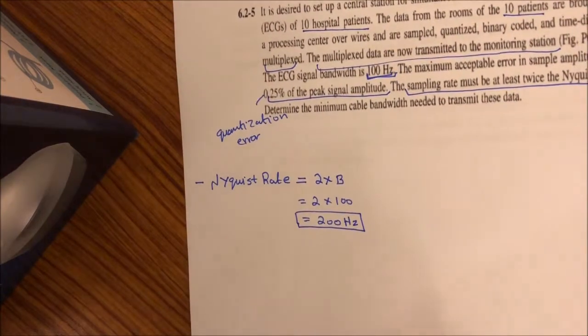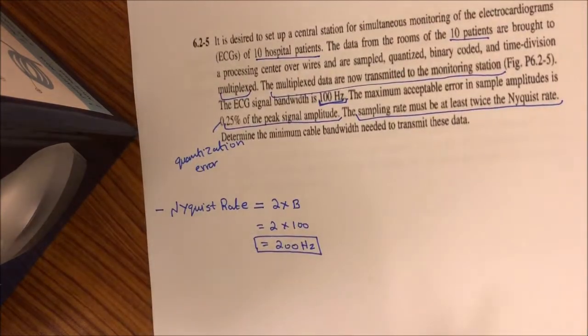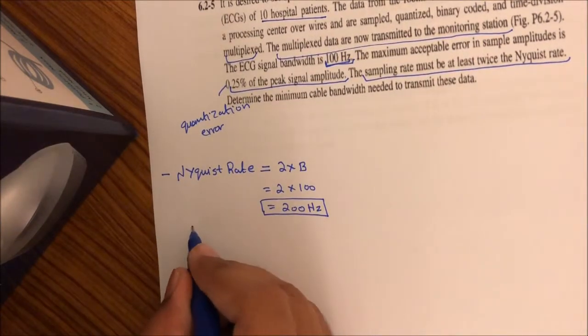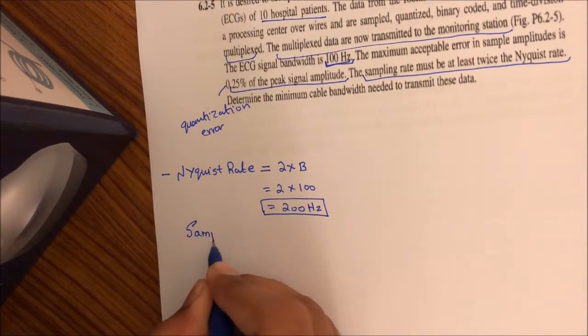So as I told you earlier that the sampling rate is always greater than the Nyquist rate, and then the question says that it must be at least twice the Nyquist rate. So to calculate the sampling rate, we will multiply the Nyquist rate by 2.